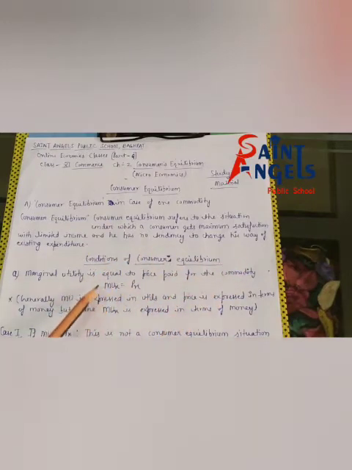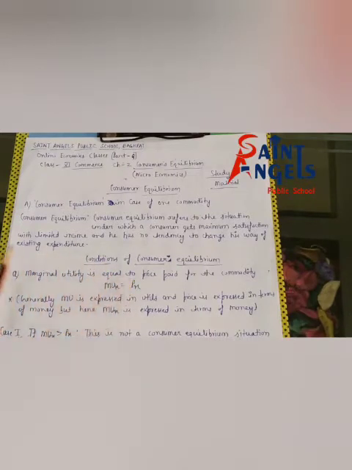See here, MUx means marginal utility of X commodity is equal to price paid for X commodity. Here X represents the commodity. I hope it is clear.